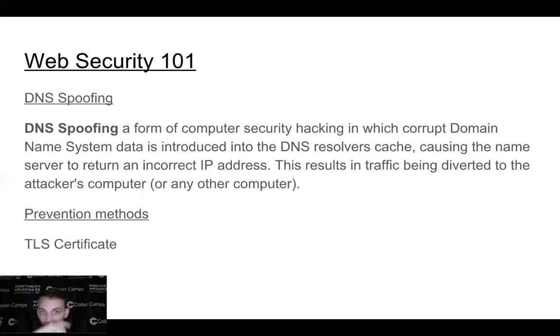Okay, let's talk about another kind of spoofing called DNS spoofing. And this is less to do with your network, and more so to do with your DNS provider and their data resolver cache, sorry, the cache.